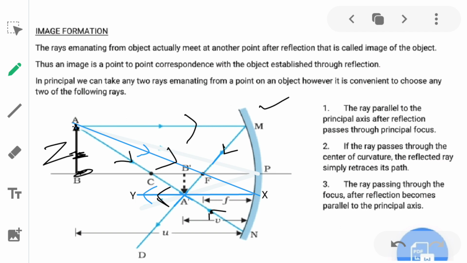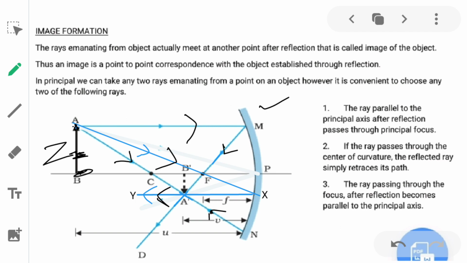Now look at all these three reflected rays. MFD, the reflected first ray, NCA, second reflected ray, X, A dash, Y, the third reflected ray. All these three are meeting at one point, and that we can represent as A dash because it corresponds to the point A of the object.